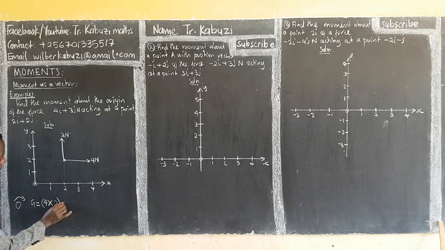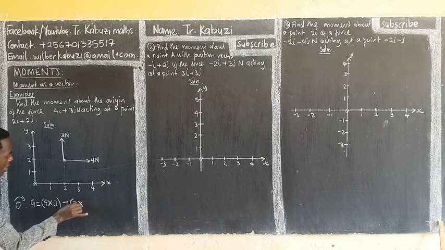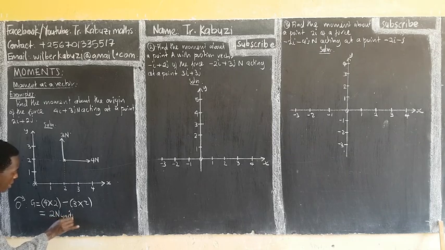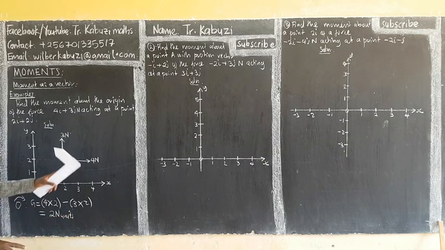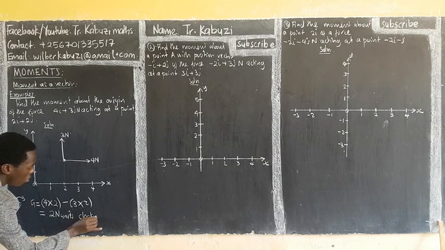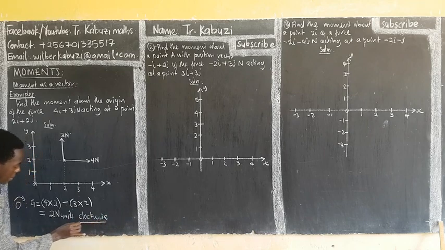So you say minus 3 times 2. This is going to be 8, which will give us 2 Newton units. These are units. Newton units, then which direction? Clockwise. Because the difference is clockwise.